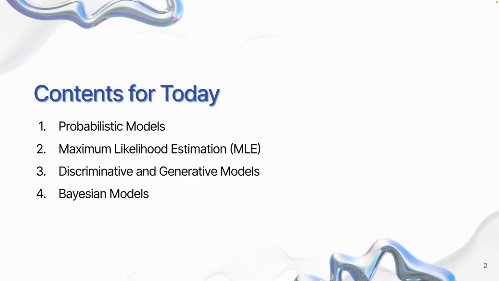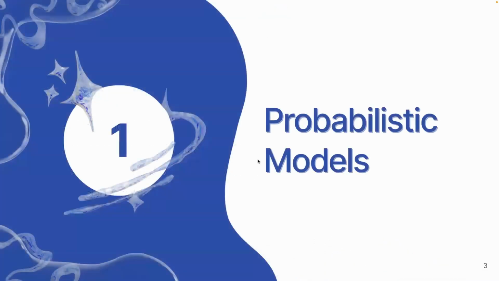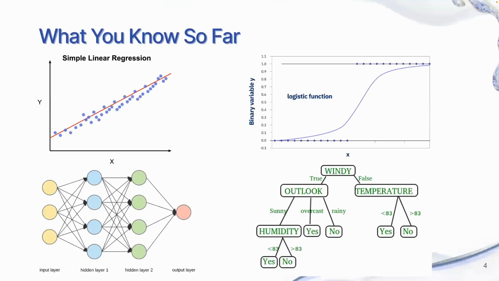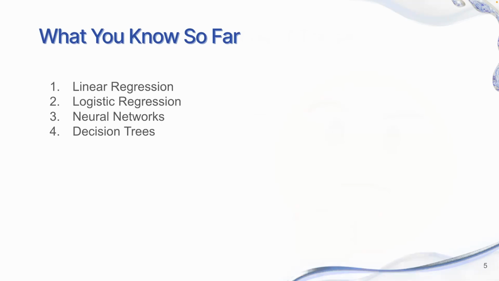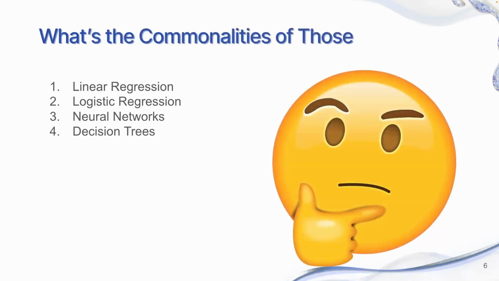Okay, so let's talk about what probabilistic models are. These are things you've seen before, right? Linear regression, logistic regression, neural networks, and decision trees. That's what you learned in the first 5 weeks. So what commonalities do those models have?